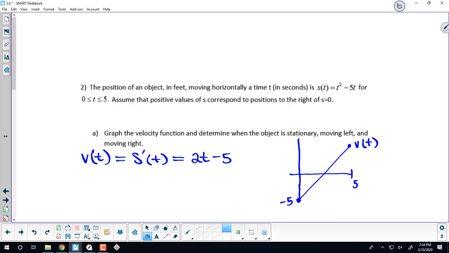When is the object stationary? How would we answer that? When the velocity is 0, yeah. So stationary when the velocity is 0, which is right there, the t-intercept.